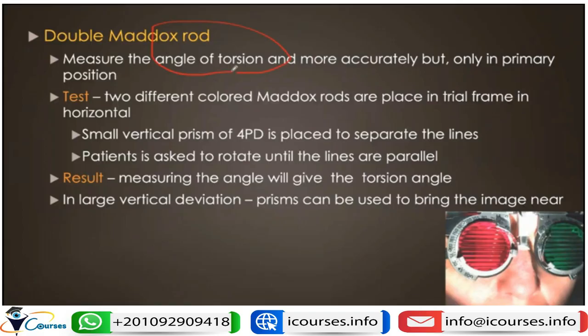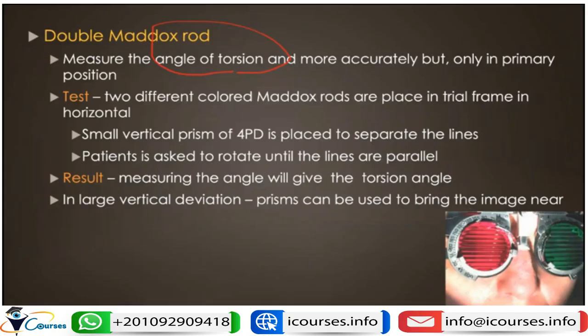You remember when we said in the anatomy of the extraocular muscles that there is what's called cyclotorsion. So there is intorsion and extorsion. In some conditions, there may be a paralysis of one or more extraocular muscles that will lead to torsional diplopia, so the patient sees the images as oblique. In order to measure this torsional effect or the cyclotorsion, we place two different Maddox rods in front of both eyes.